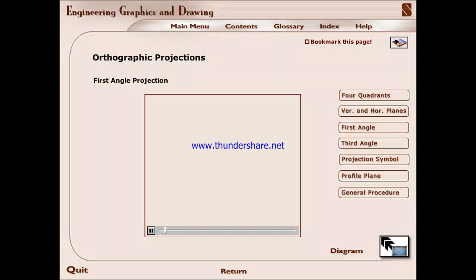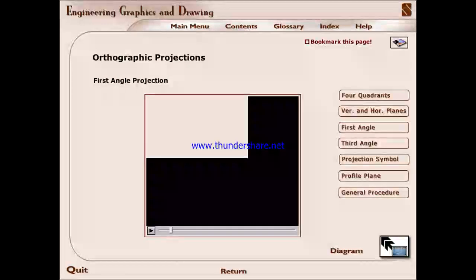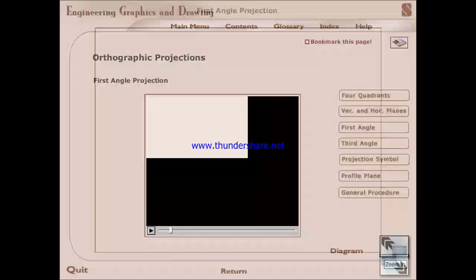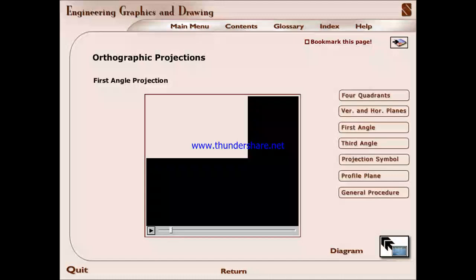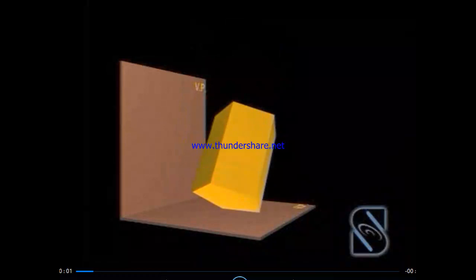Position the solid in the first quadrant.